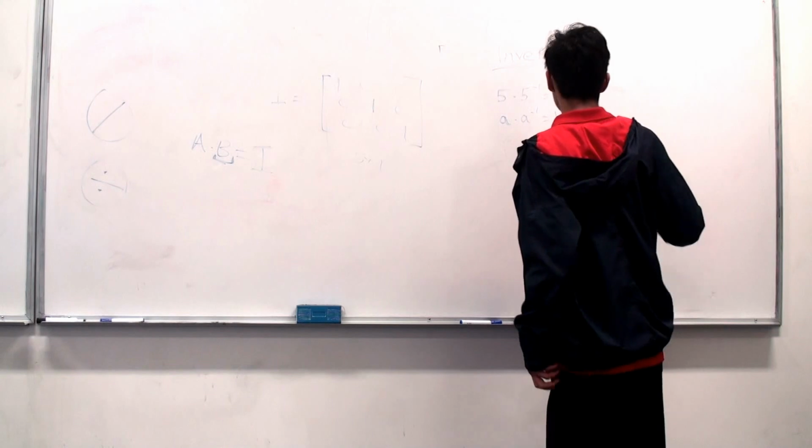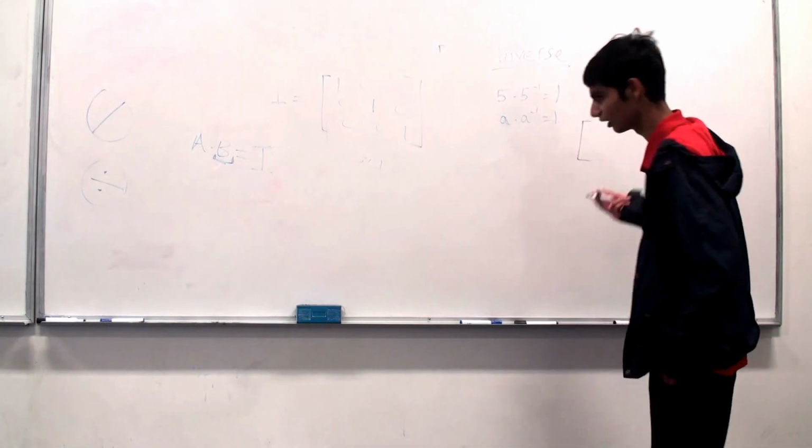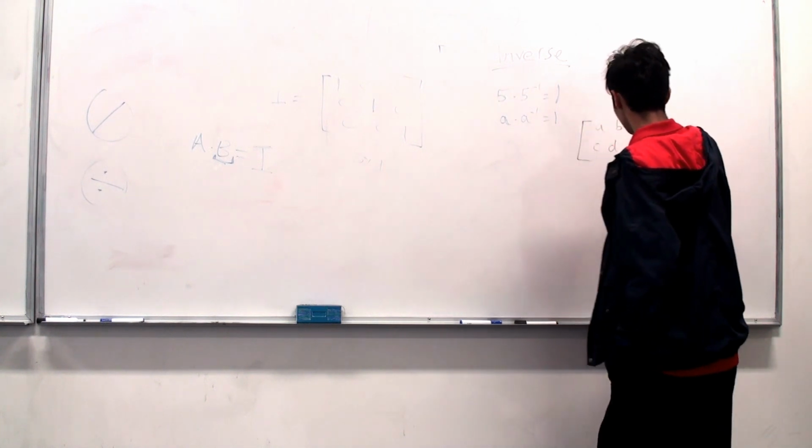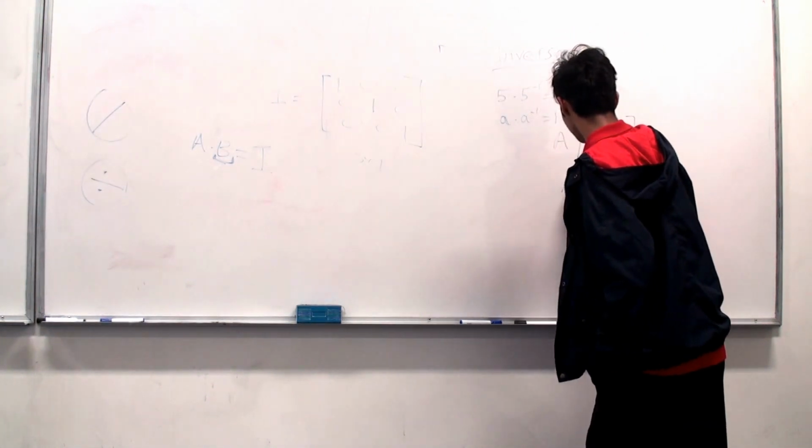So for 2 by 2 matrices, we have a very easy formula to remember. If you have A as [A, B; C, D], we want to find A inverse.